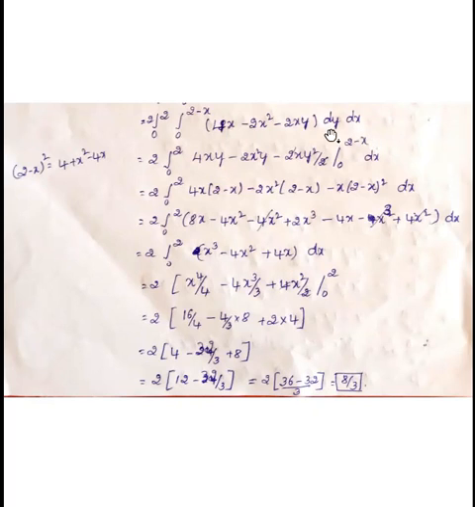Next, integrate with respect to y. 4x is a constant with respect to y, so its integral is 4x y. Minus 2x² is a constant with respect to y, so it is 2x² y.